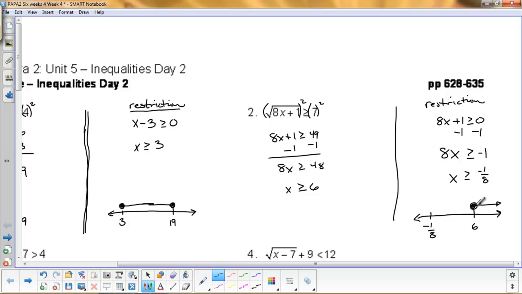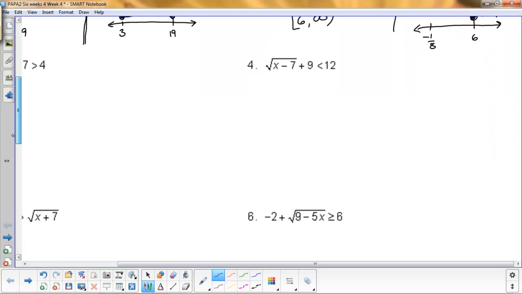Notice that this will never go beyond the negative 1/8. Therefore, in this particular problem, although there is a restriction, it does not play a role in the solution set of this problem, which is going to be 6 to infinity. The 6 is included, not infinity.